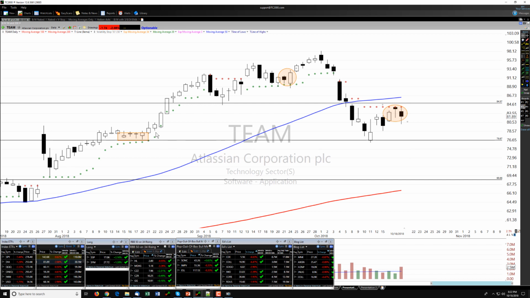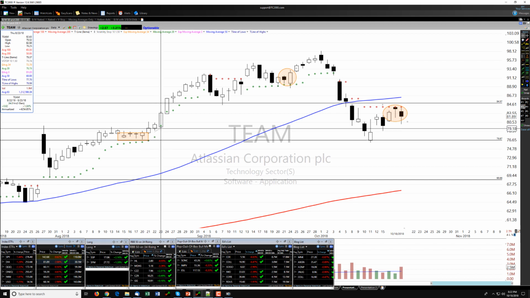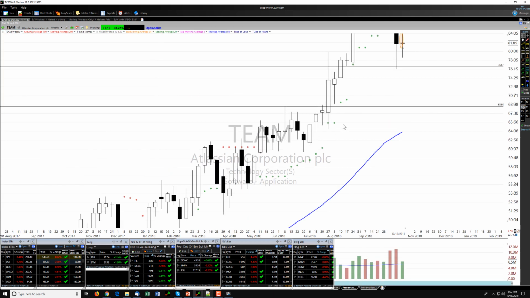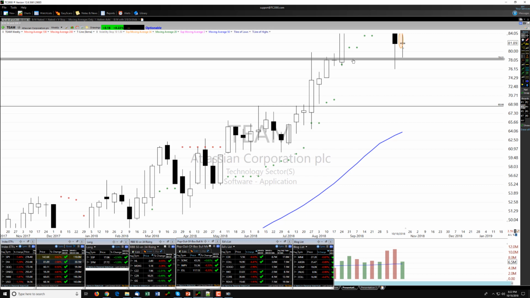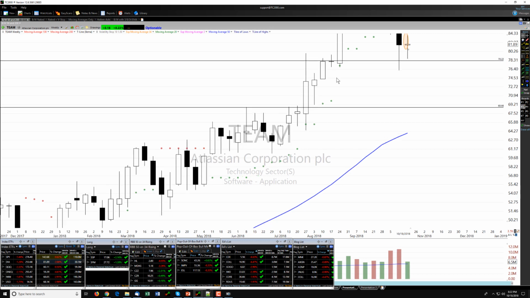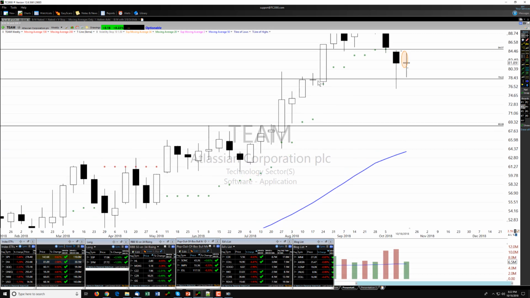Should this line be up here? It might. Let's go out to that weekly again. Yeah, I think we could move that up here. Someplace in this area, off of the tops of these and the bottom of that. Maybe move it down just a touch. And basically catching that. Now let's go back to a 1 day.